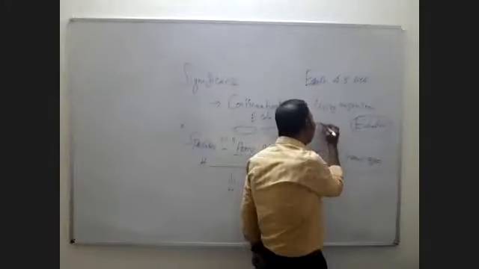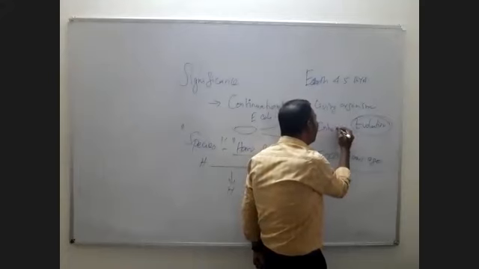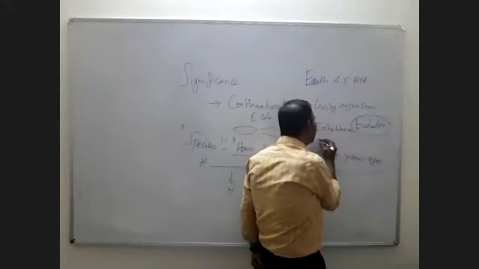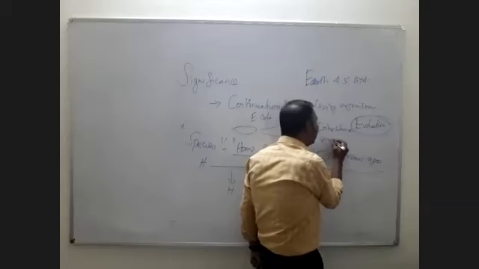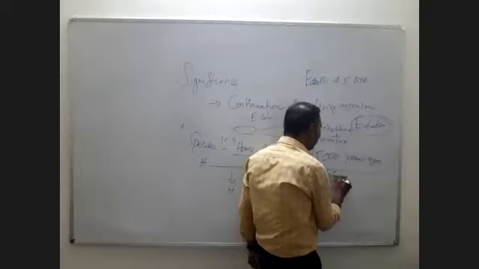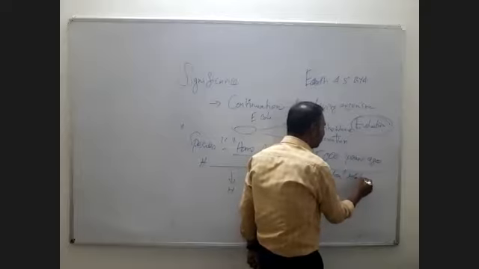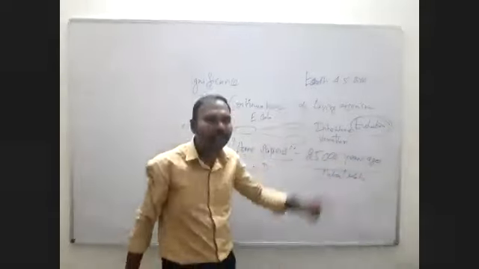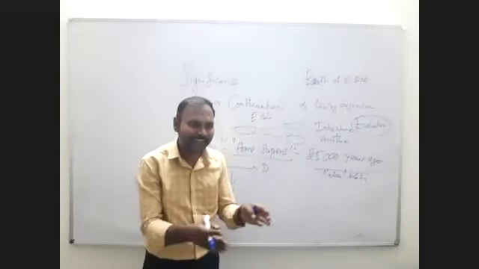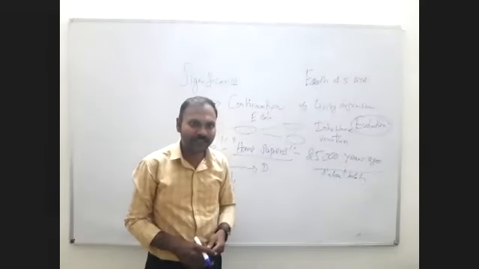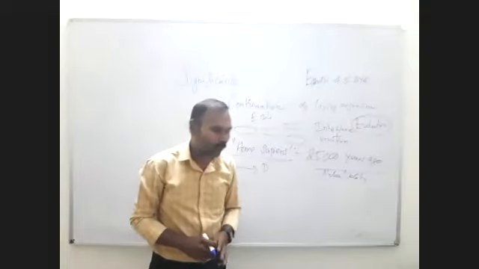One is called inheritance. Another one is called variation. And another one is called natural selection. What are the 3 important functions? Inheritance, variation, natural selection.